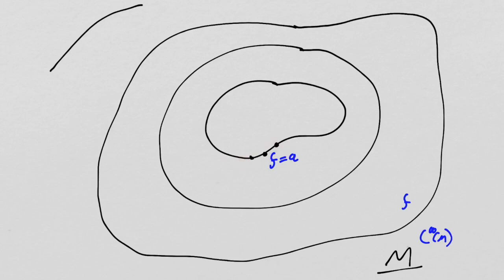Likewise here I would write f equals B and f equals C. And here I would write f equals D, right? So all these level sets are definitely identified and established. And this idea would work for any manifold.